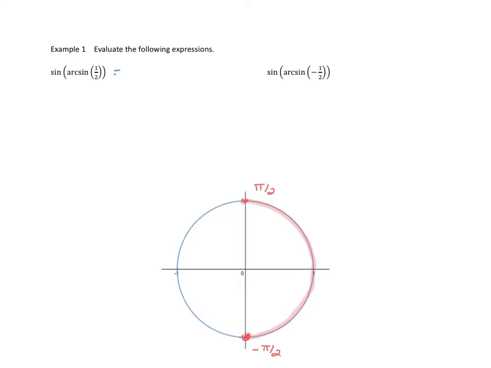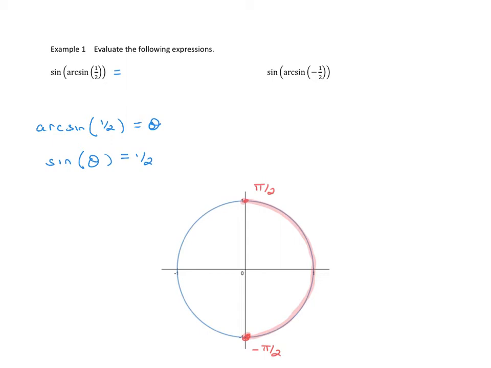To figure out what this thing is equal to, I'm first going to focus my attention on just the arcsine of a half. What is arcsine of a half? Well, arcsine of 1/2 is equal to some angle, which I'll call theta. What angle is that? Well, it's the angle that when you plug it into sine, it gives you 1/2 back as an answer.